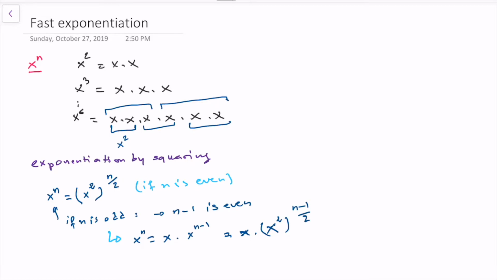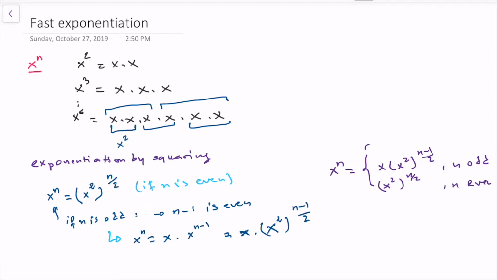So the final formula is: x to the power of n is equal to x multiplied by x squared to the power of n minus 1 divided by 2 if n is odd, and if n is even, it's just x squared to the power of n divided by 2.